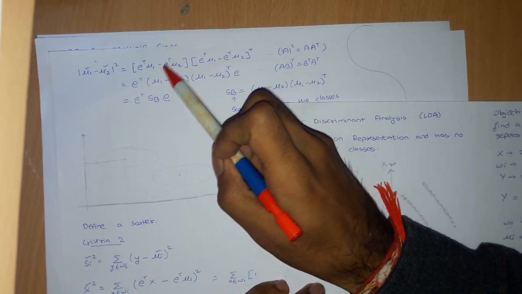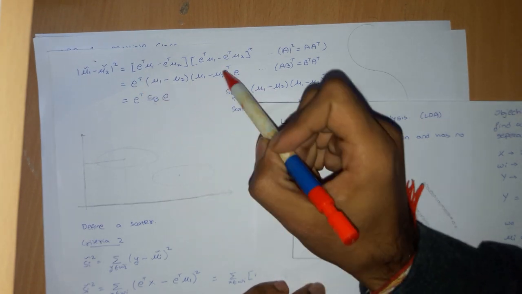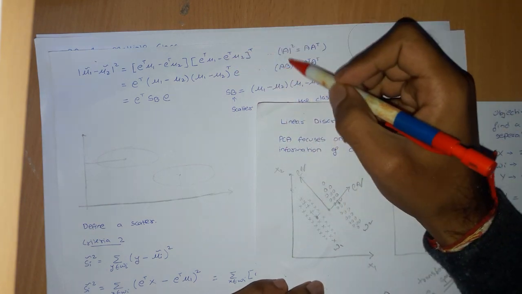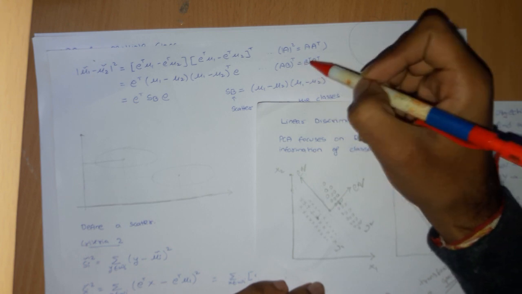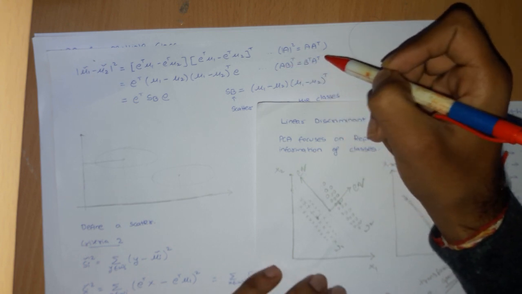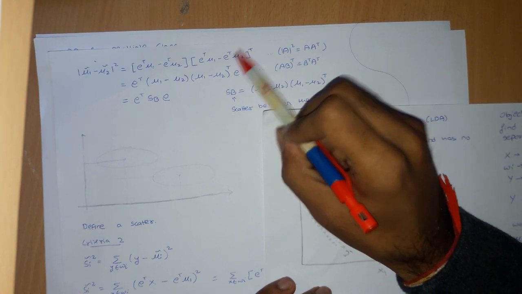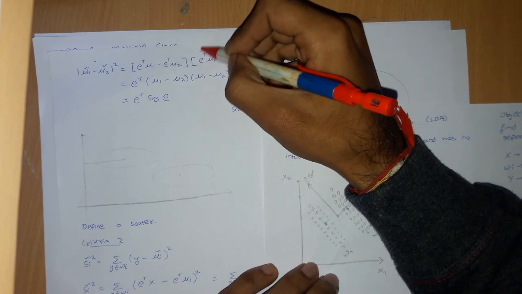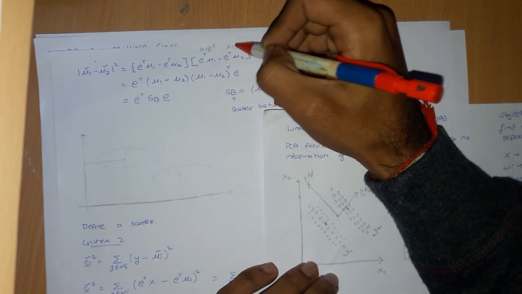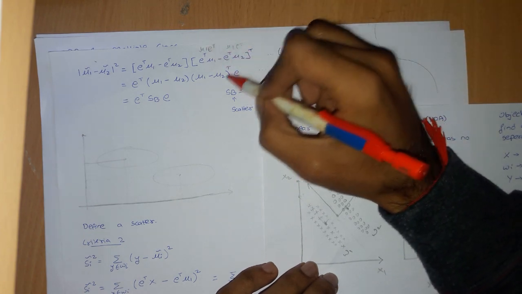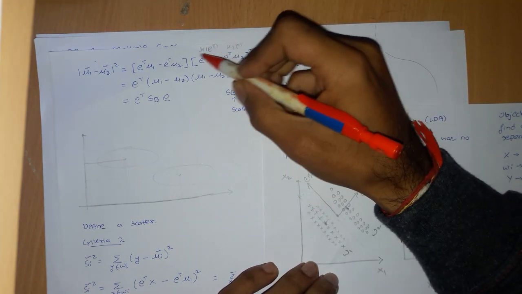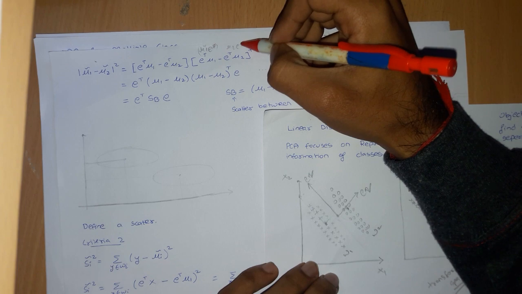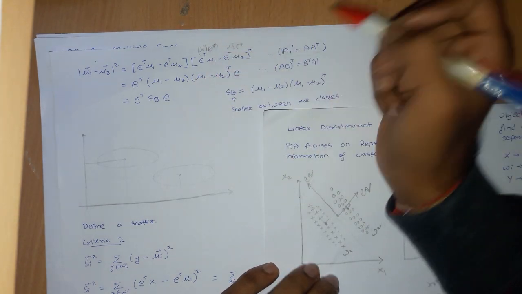Now I'll take this E transpose common, and apply transpose inside. We know that AB the whole transpose becomes B transpose into A transpose. So you'll get mu1 into E transpose, and mu2 into E transpose, and then I can take out E transpose outside. Because there is this transpose, both of them will get transposed, and this will go away and this will get a transpose. So this is what I can write.